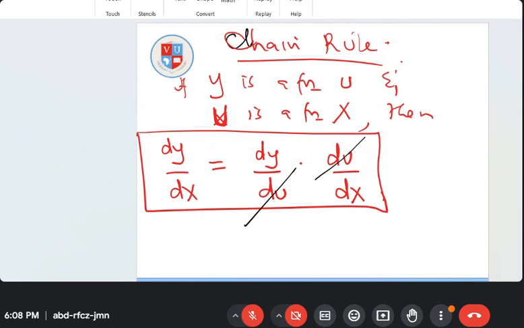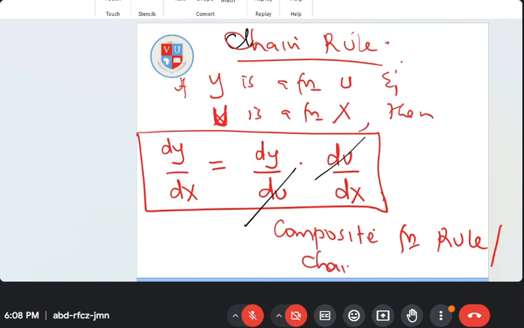Now, when do we apply this composite function rule? It is called the composite function rule, or the chain rule. When do we use it?